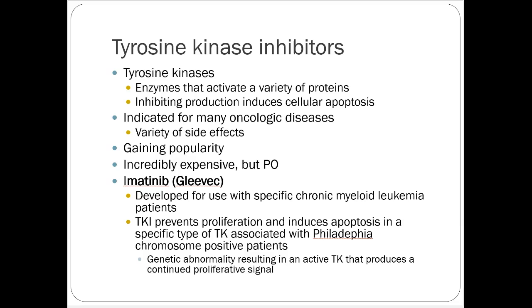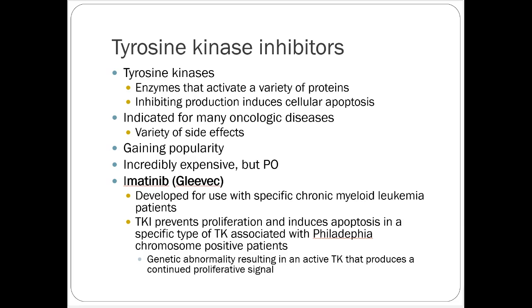So Gleevec, or imatinib, was developed for specific chronic myeloid leukemia patients. And so what the drug does specifically is this specific tyrosine kinase inhibitor prevents proliferation and induces apoptosis in a specific type of tyrosine kinase that is only associated with people who are Philadelphia chromosome positive with this specific leukemia.